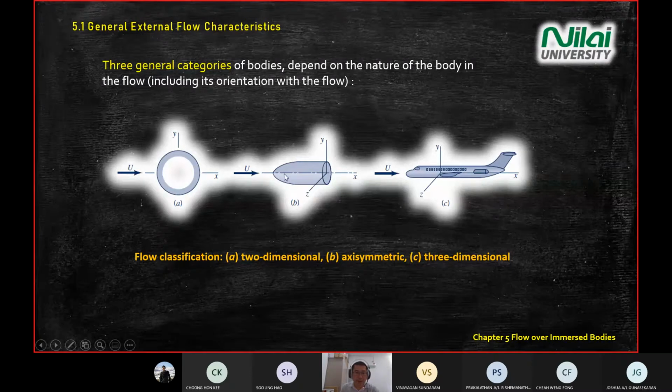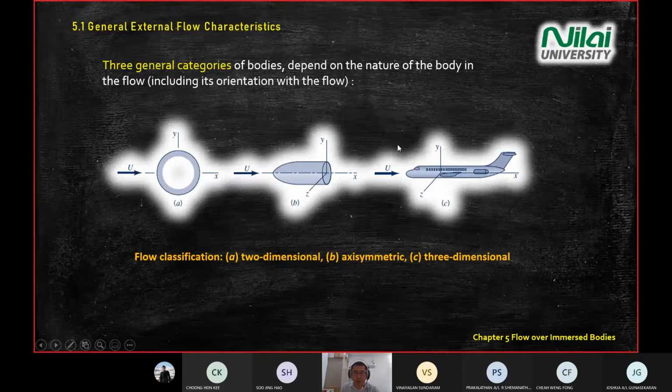In simulation software, for an axisymmetric body, usually we only simulate a quarter or half of the body to save simulation time. What you have on the top will be the same as on the bottom. The cross section will be the same, and again the flow is from left to right.